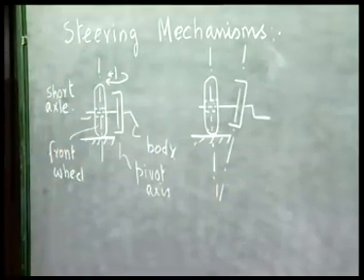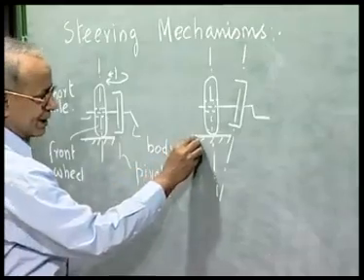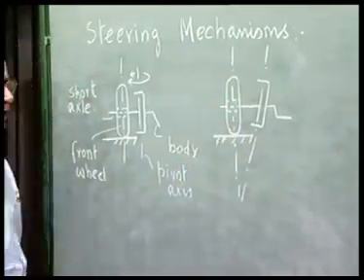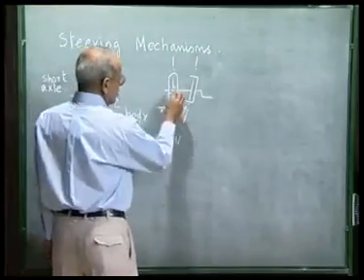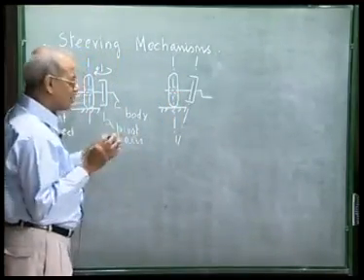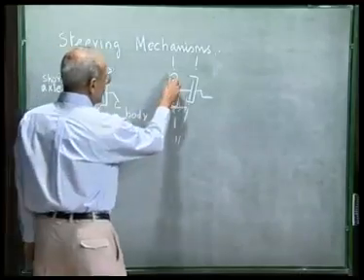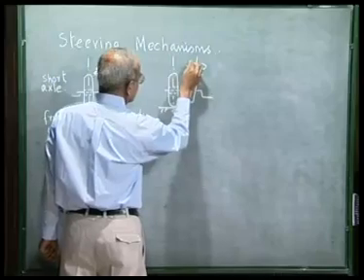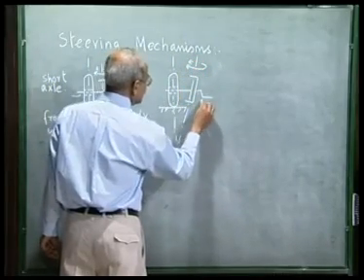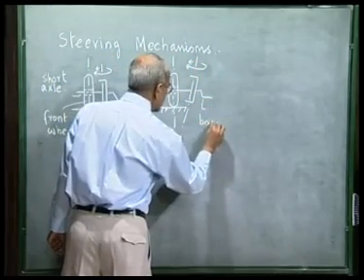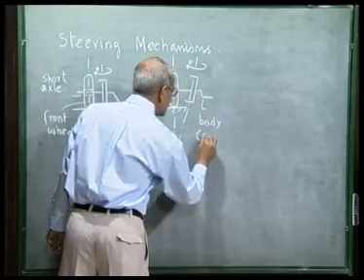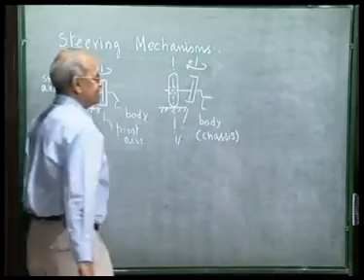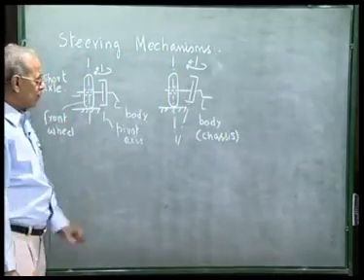Again, this is the front view of one of the front wheels. This is the road surface. This is the short axle about which the front wheel can rotate, and during the steering action, when the car wants to take a turn, this wheel will rotate about this pivot axis, and this is the body or chassis of the automobile.